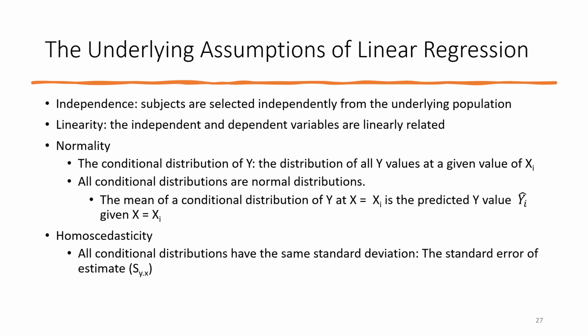Normality means that all conditional distributions are normal distributions. Recall that every normal distribution has 2 parameters, the mean and the standard deviation. Now that we know all conditional distributions are normal, we must understand that the mean of a conditional distribution is the predicted y value.